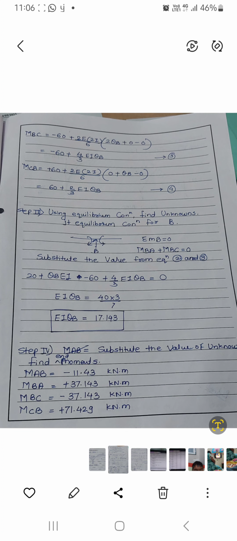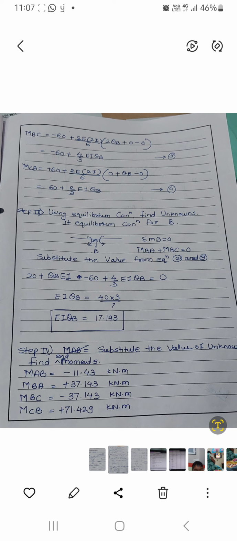Now the next step is to use the equilibrium condition. So what will be the equilibrium condition here? We have to use the joint equilibrium condition at the support B. Why is it so? Because the B support is an intermediate support, and it is connecting the two spans, that is BA and BC.